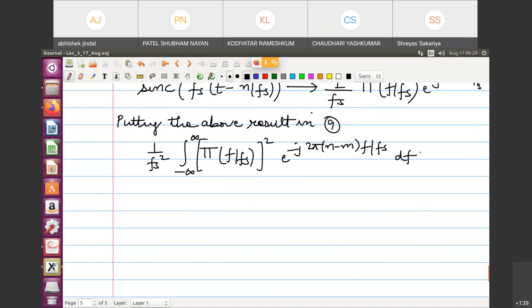I have simply substituted for n and m. Now the function rect of f by fs only takes a non-zero value for minus fs by 2 to fs by 2, so I can write it like this: integration from minus fs by 2 to fs by 2 of e raised to power minus j 2 pi (n minus m) f by fs, df.